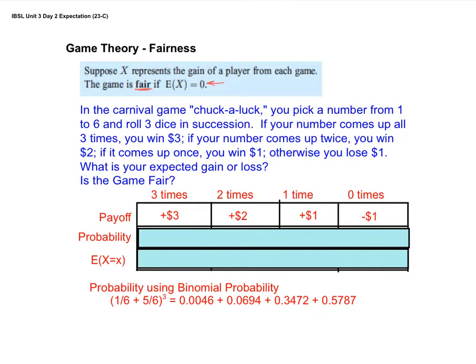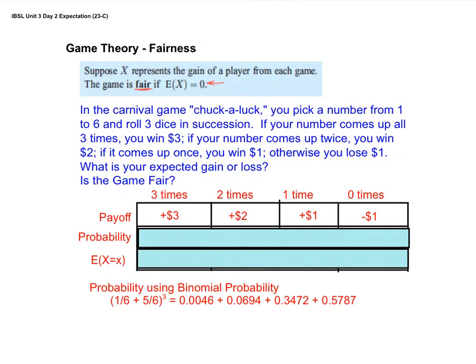Evidently, it must cost $1 to play the game or something. So we need to figure out, first of all, the probabilities. I've already kind of done this part because we're going to be looking at binomial probability in a minute.